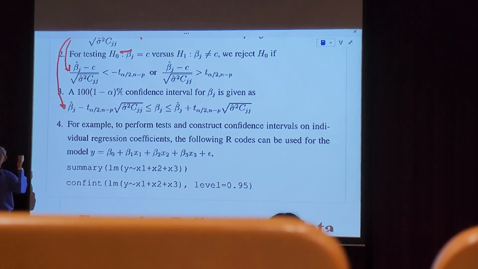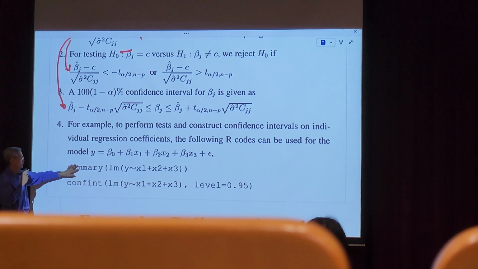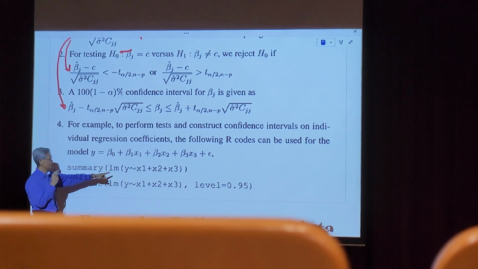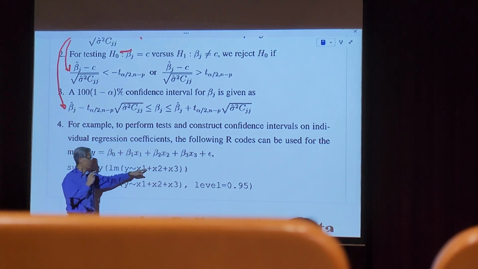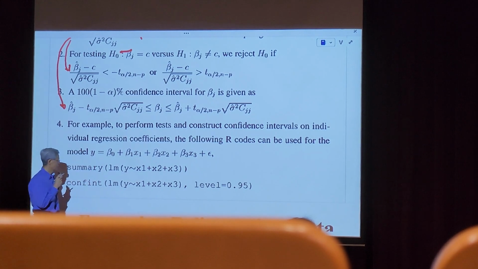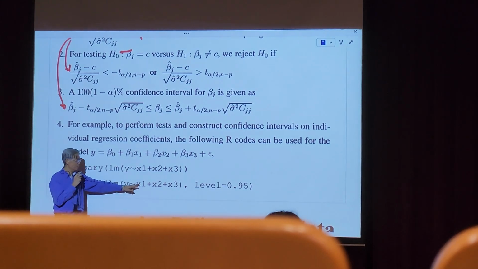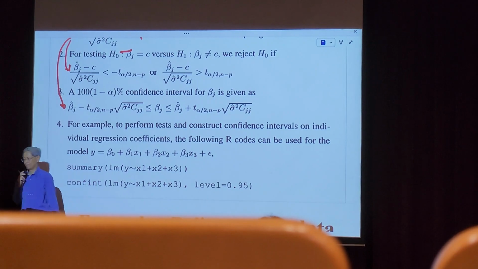Now, to do it in R, you can use a summary statement. The summary statement will allow you to test each individual regression coefficient. And confint will allow you to construct a confidence interval for each one of them. So that's what you need to do in real life.